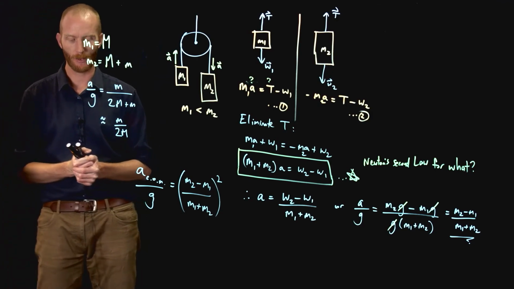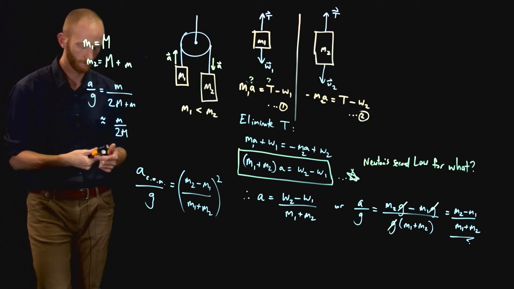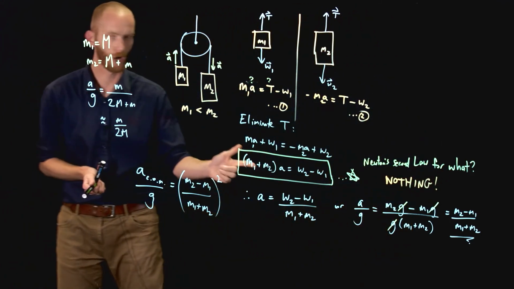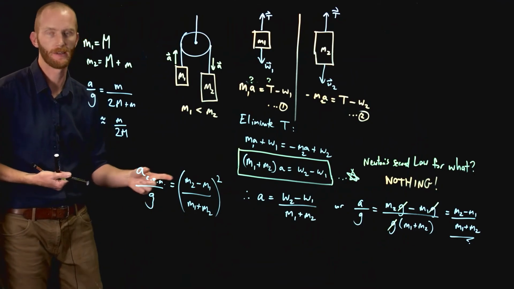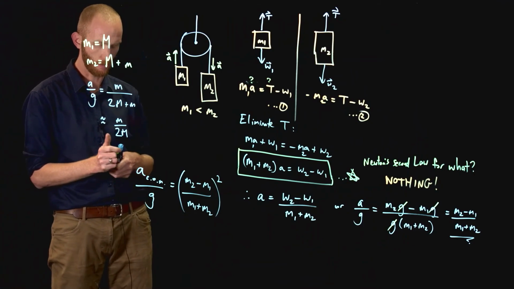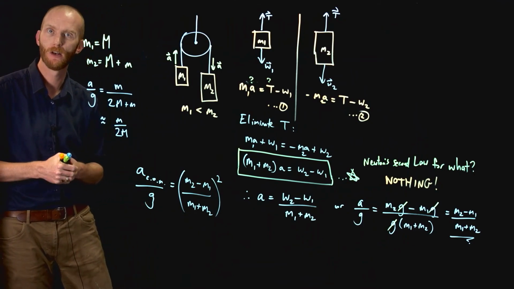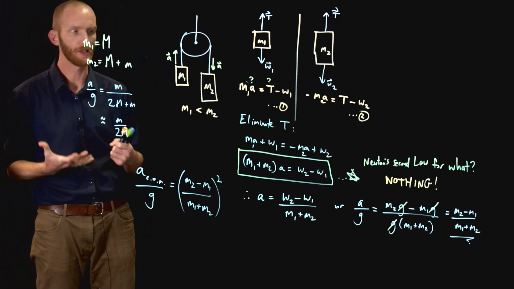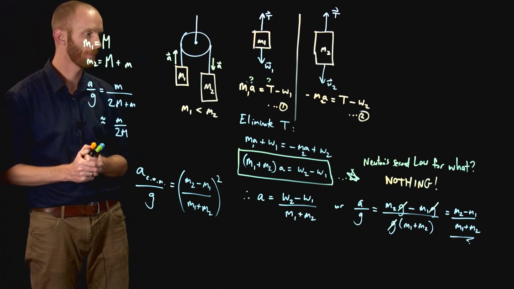And here's where we have this conundrum. This is not an equation describing Newton's second law for anything. It's not an equation describing Newton's second law for either of the masses, nor is it an equation describing Newton's second law for the entire system of M1 and M2.